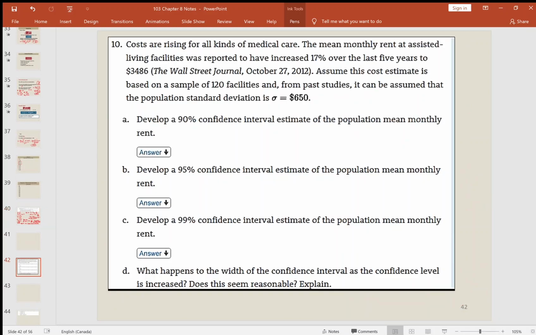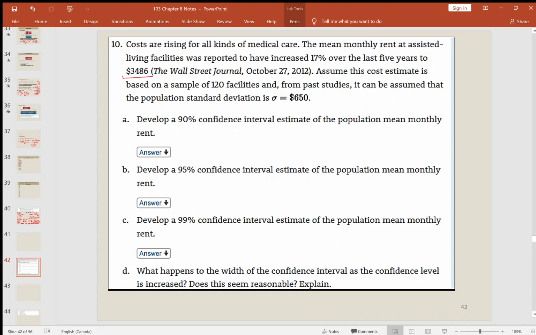Okay, so let's go to question number 10. Costs are rising for all kinds of medical care. The mean monthly rent for assisted living facilities was reported to have increased 17% over the last 5 years to $3,486.